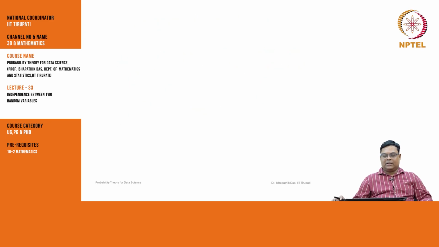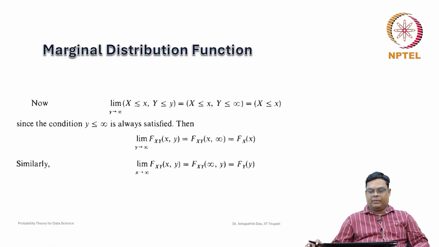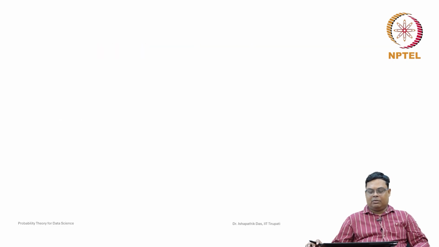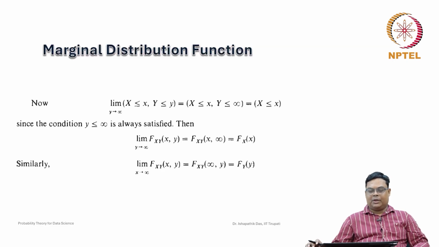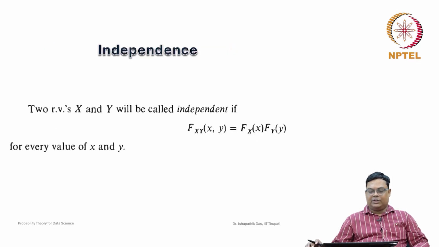So, let us discuss some examples. Okay, but before examples, because we want to do some other computation also, we need to discuss these concepts. So, how can we find this marginal? We are talking about the marginal distribution function F_X(x).